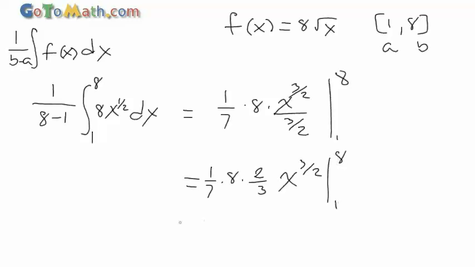Okay, so can we reduce any of this down? The answer is it doesn't look like it, because 3 doesn't go into 8, 7 doesn't go into 8, and nothing goes into 2. And so we end up with 16 over 21, it looks like.